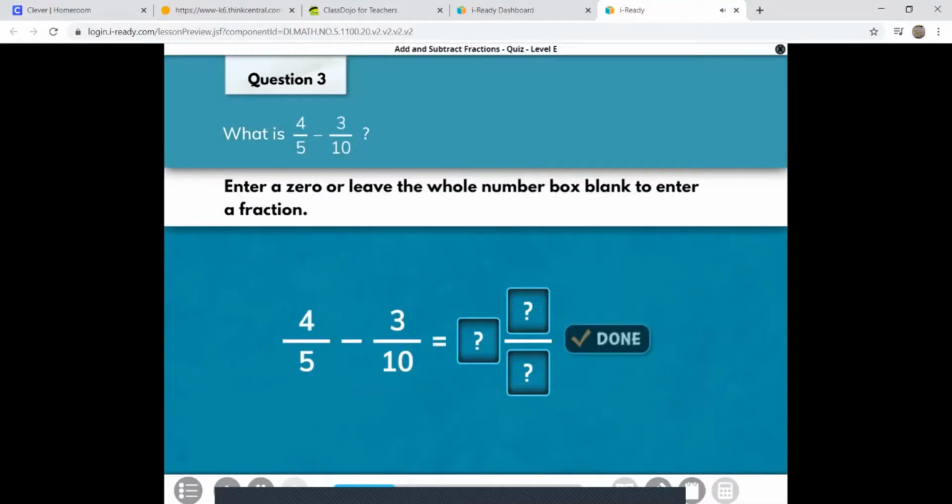What is 4/5 minus 3/10? Common denominator. So do these have the same denominator? We don't. One is a 5, one's a 10. So let's go ahead and convert to equivalent fractions.